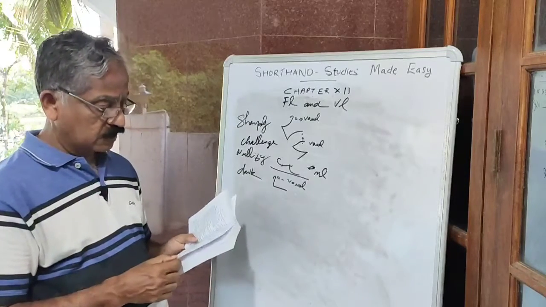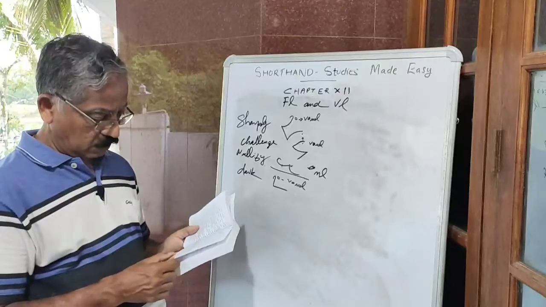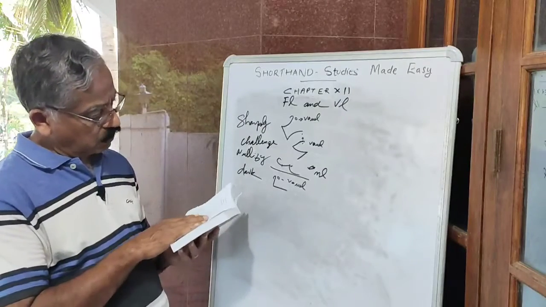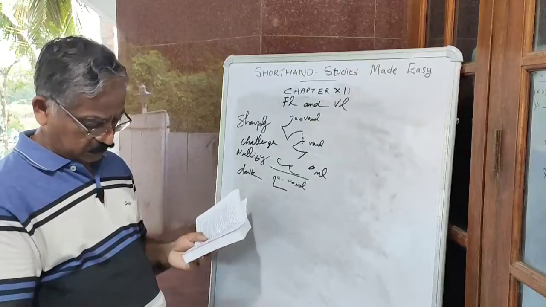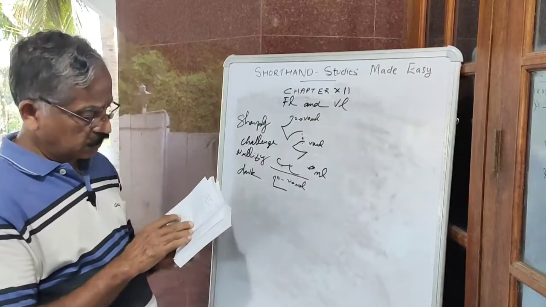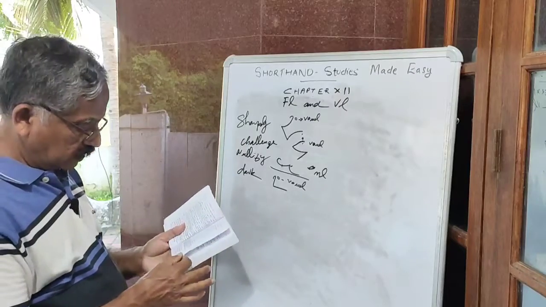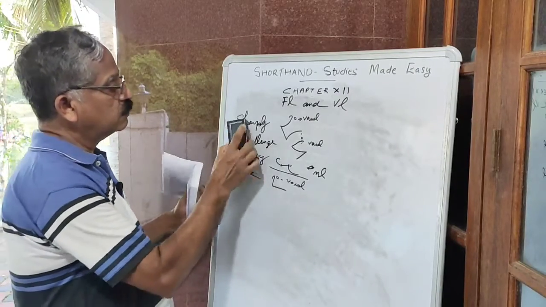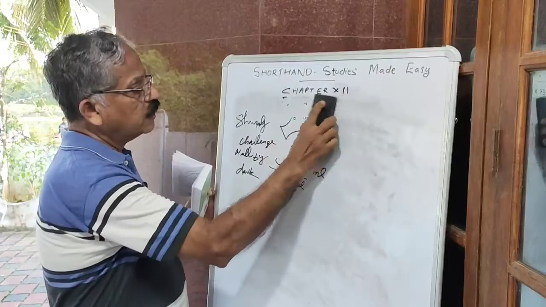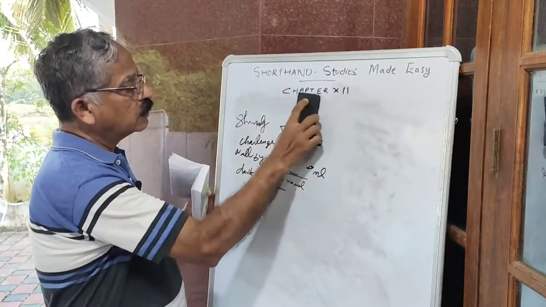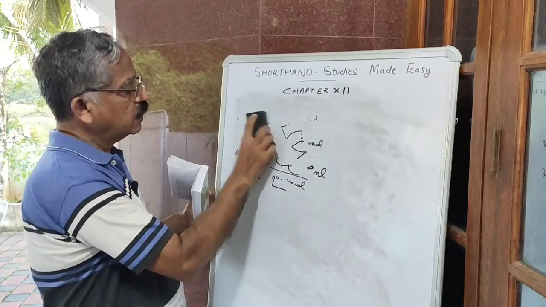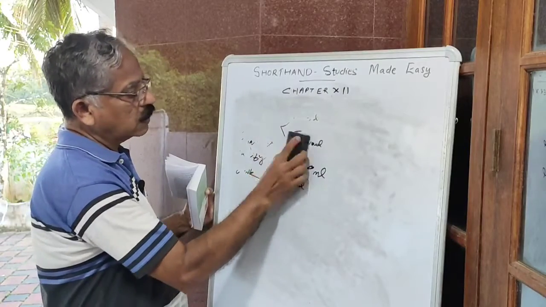The chapter exercises are 43, 44, 45, and 46. So this chapter 12 is over. In this also there are gram blocks. I will write some gram blocks here to make you understand. In case you have any doubt, you can make a query in my channel. I can clear your doubts.